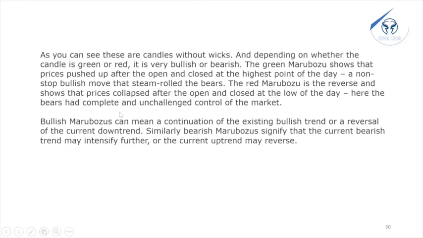Here, the bears are in complete and unchallenged control of the market. Bullish Marubozu can mean a continuation of an existing bullish trend or a reversal of the current downtrend. Similarly, bearish Marubozu signifies that the current bearish trend may intensify further, or the current trend may reverse.